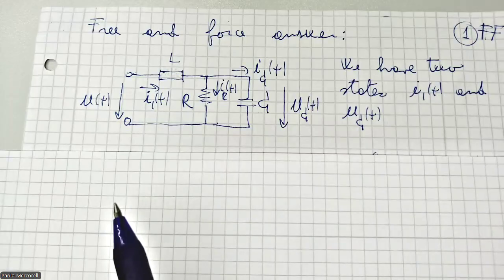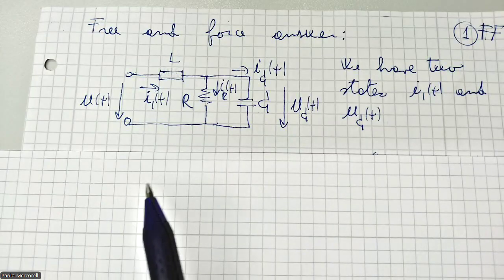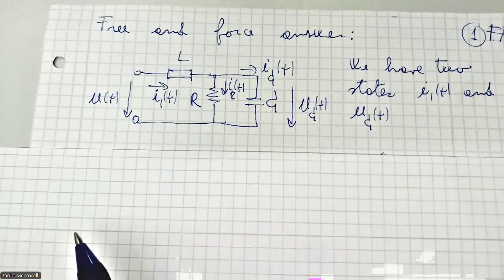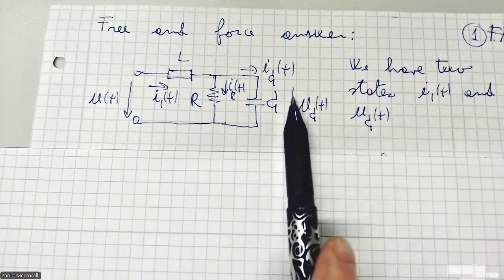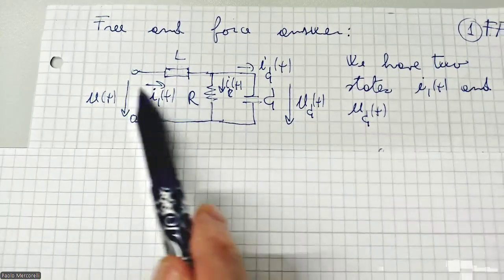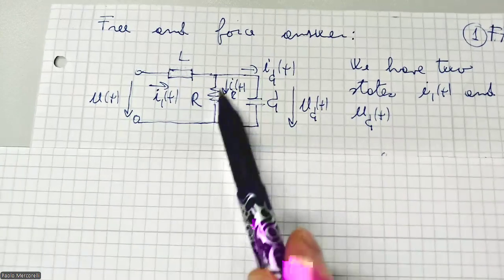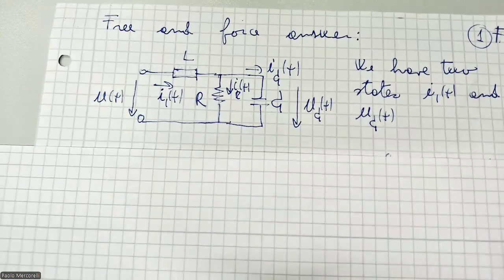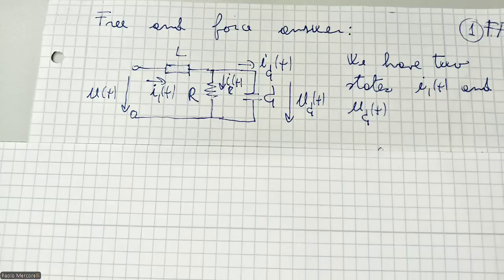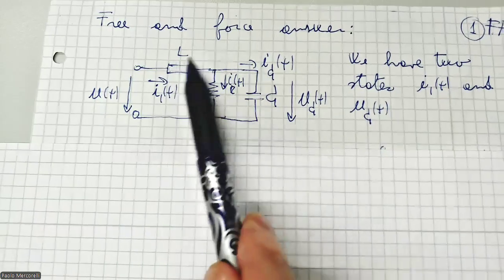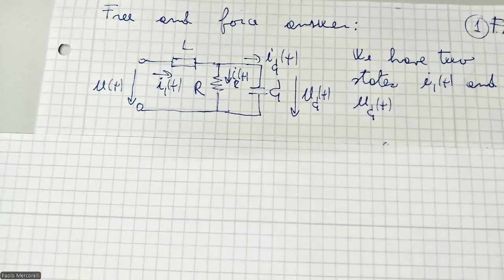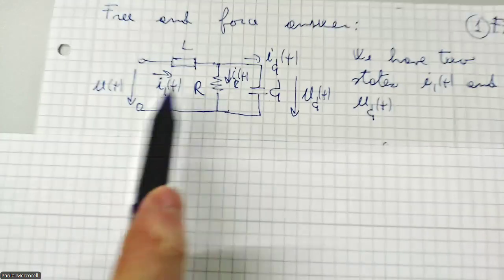Look at this. I orient the system in this form. u(t) is the input. The output could be u_C(t), but could also be i_1(t). It could be any kind of variable, not necessarily state variables, which I can consider in the scheme here. It could be i_C, it could be i_R. Do you remember?